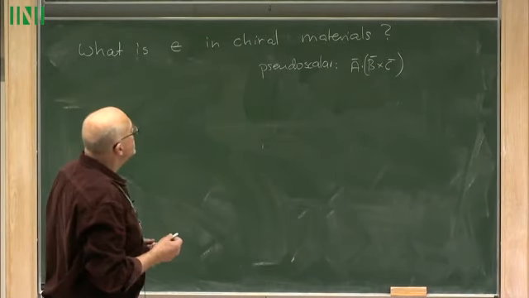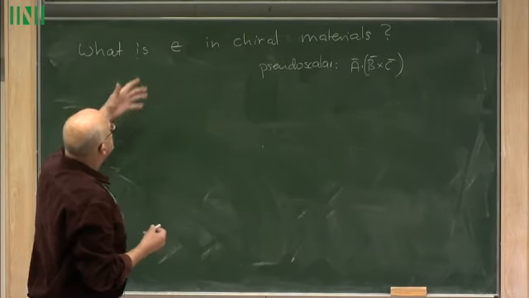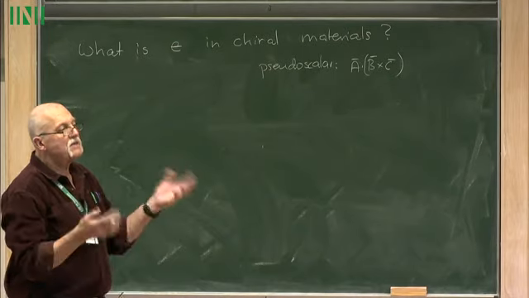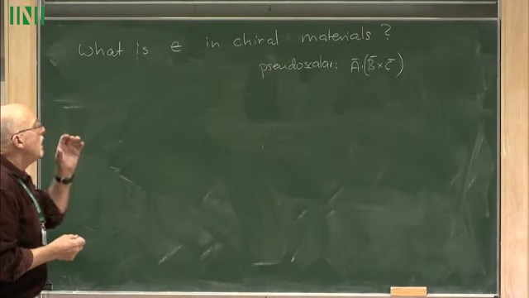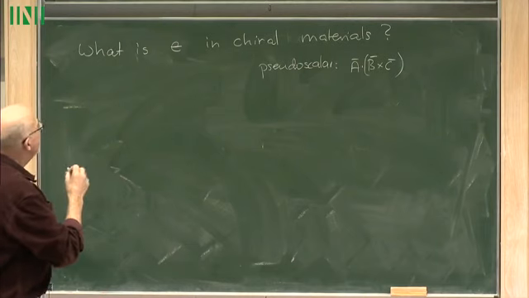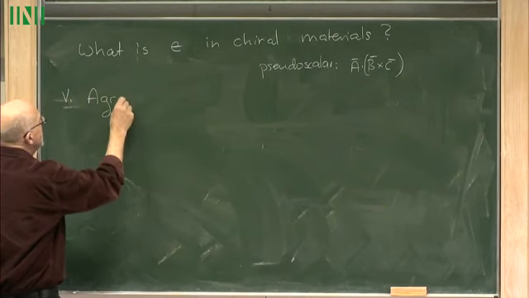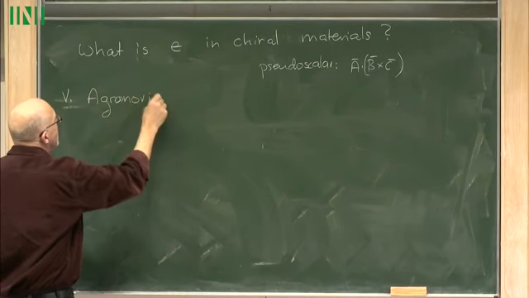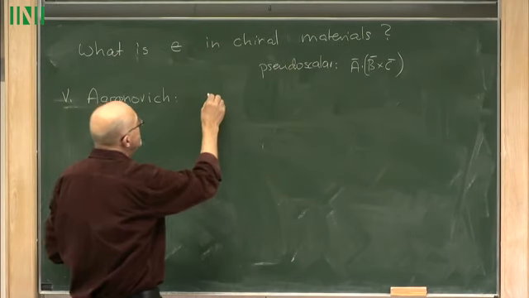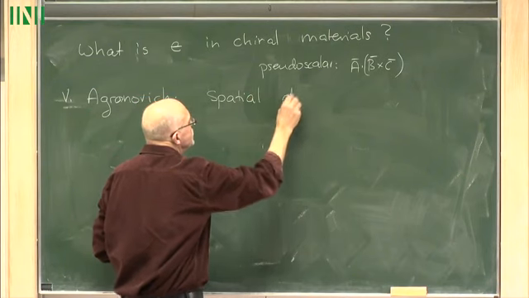But the question is, even if we can identify these bodies, what is the structure of epsilon? And there are different descriptions of the optics of chiral materials, but Agranovich has, I think, a very nice approach which basically relies on spatial dispersion.